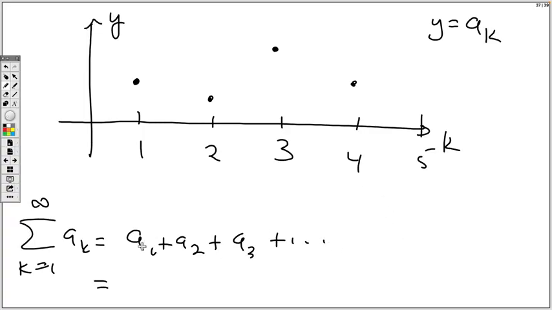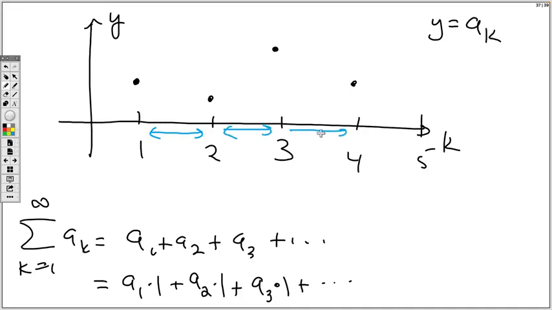If you want, you could really think of this a sub 1 as a sub 1 times 1, a sub 2 times 1, a sub 3 times 1. And then I could interpret this as an area. What's the distance between each and every one of these natural numbers?